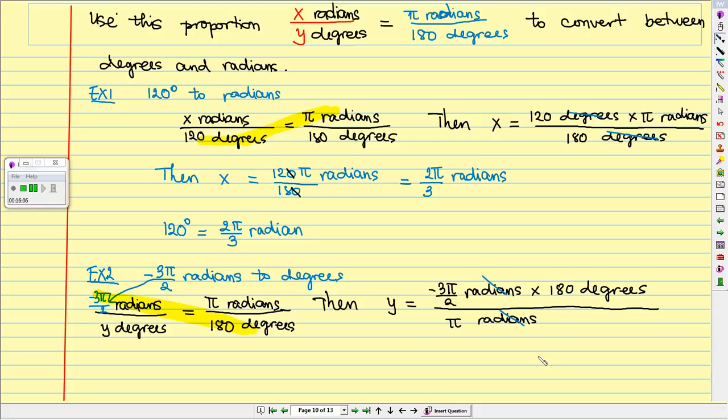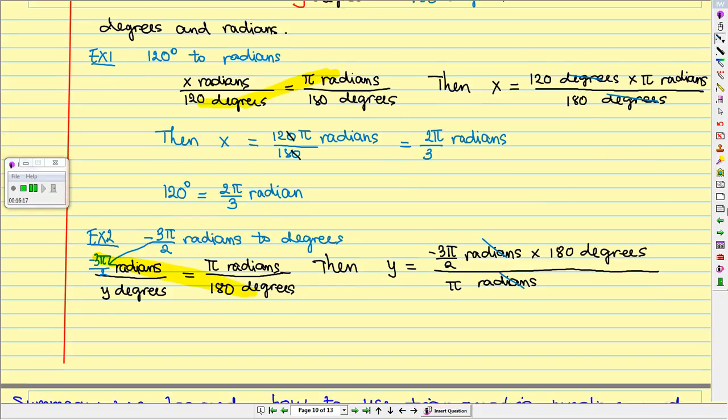Now when you simplify, the radian units are gone. Let's simplify the numerator first.